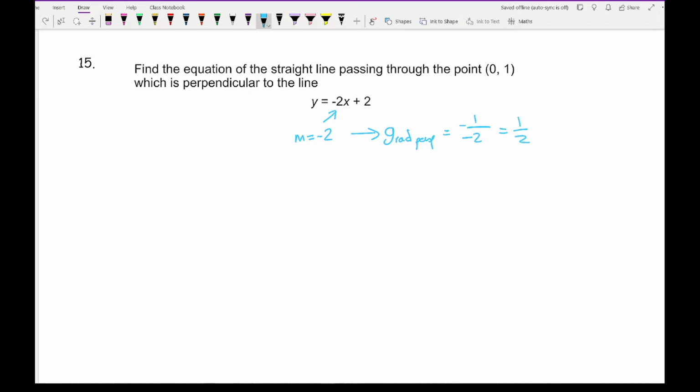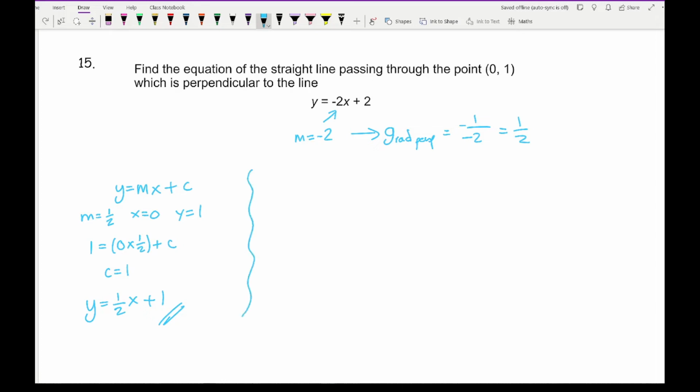Now there's a couple of ways in which you can do this. If you're using y equals mx plus c, then we know that m equals 1/2, x equals 0 and y equals 1. So we can substitute the numbers in. I've got 1 equals 0 times 1/2 plus c, so c equals 1. Then the equation of the line is going to be y equals 1/2 x plus 1.